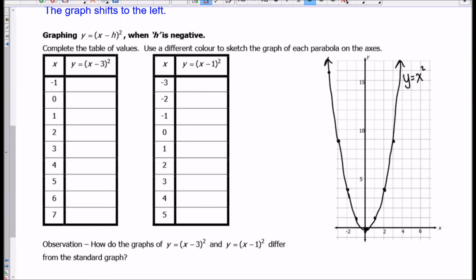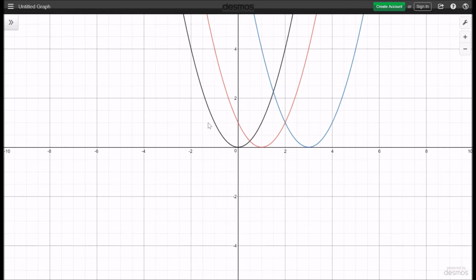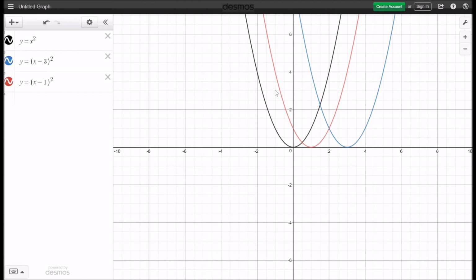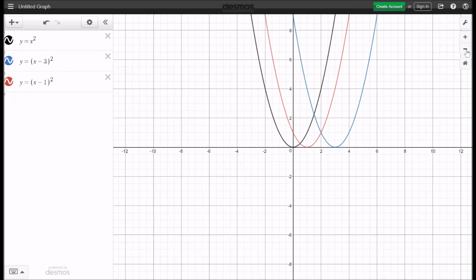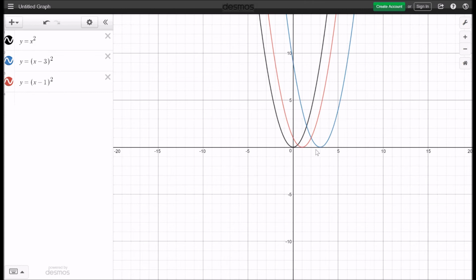So if you notice right here, the black graph, again, is the standard parabola. The red graph represents y equals x minus 1 squared, and the blue one represents y equals x minus 3 squared. So if you notice, the red one shifted 1 unit to the right, and the blue one shifted 3 units to the right.